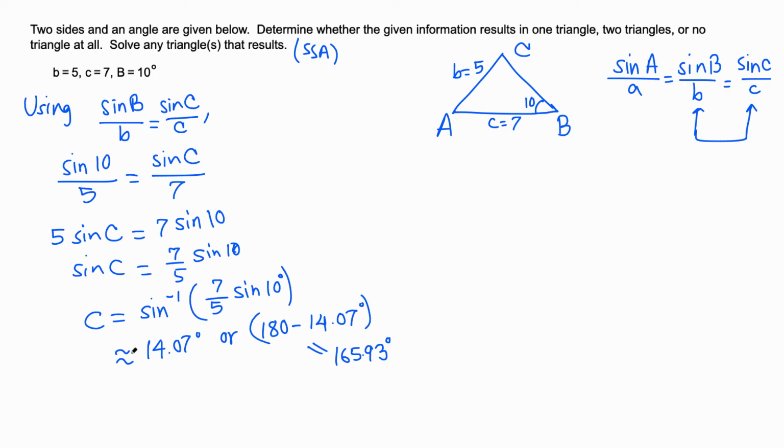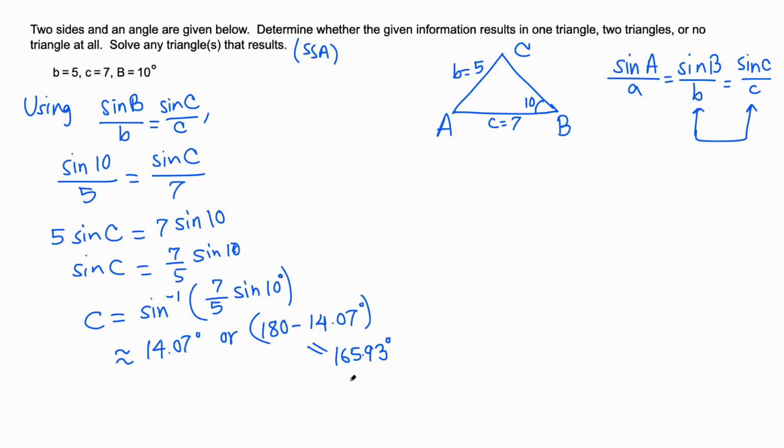Okay, let's see. This first one is always true because we got an angle, but does the second one have room in this triangle? 165.93 is close to 166. 166 plus 10 is 176. This is angle C, right? So 166 plus 10 is 176, and there's room for A. So this angle is also good. The first is always good because 14 plus 10 is 24, then A will be a big angle.